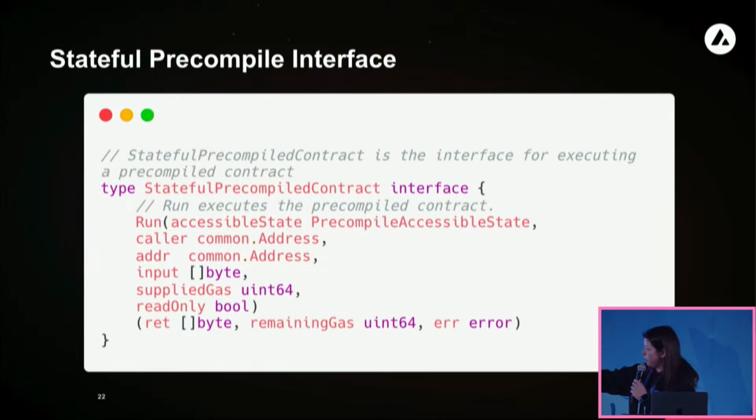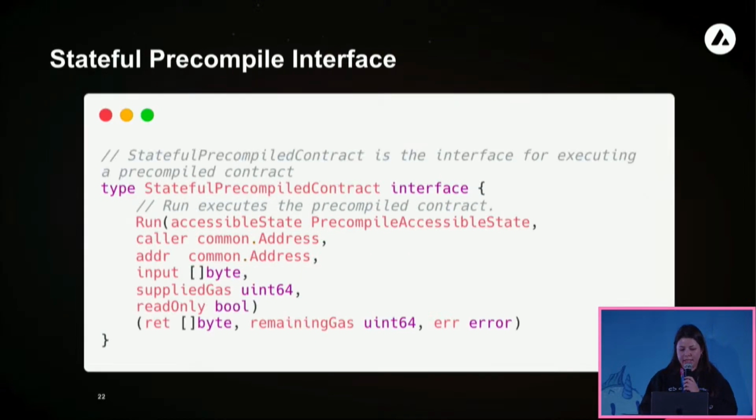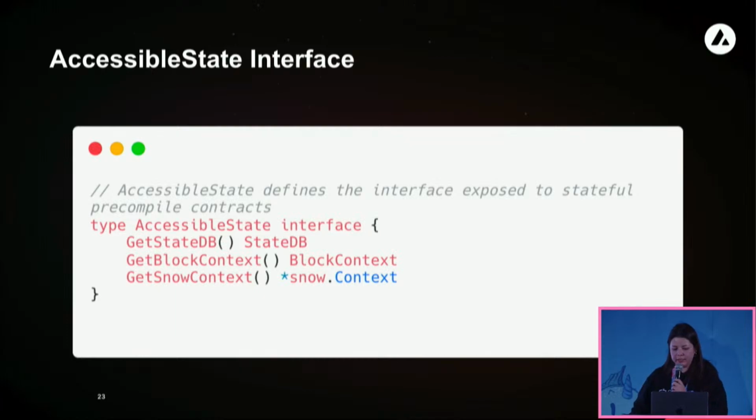So as the other one, this one also has some gas supplied and some remaining gas after the execution of the precompile. And when we see this element of the precompile accessible state, you can see that this gets the state database, and this is the part where you will be able to start changing the different key values on your database.